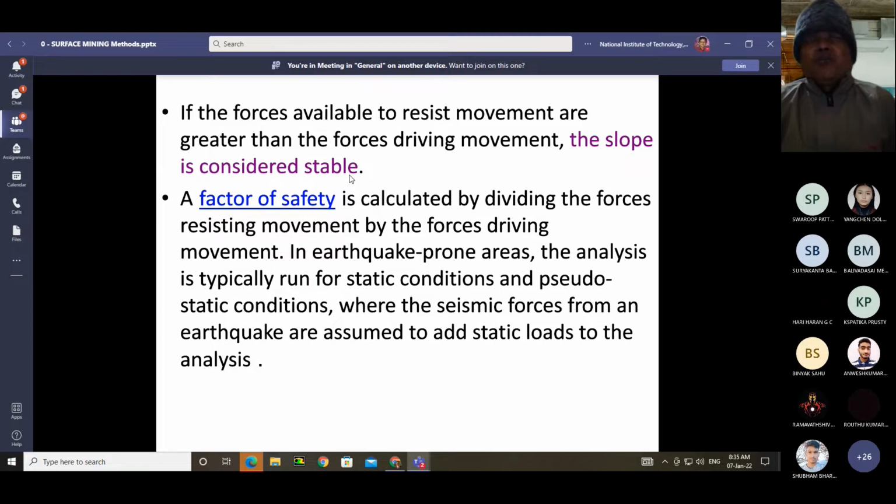So if the driving force is less than the resisting force, the slope is considered stable. The factor of safety of a bench is equal to 1 if the resisting force is equal to the driving force. If the resisting force is more than the driving force, then your factor of safety will be more than 1.